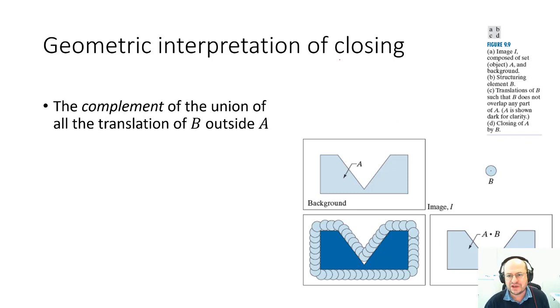Now, closing, as the name says, you can understand as the complement of the union of all translations of B outside A. So if I just move B around, touching A, and collect the union of this and just collect the complement, the complement will be this part here, and you see you're smoothing sharp edges.